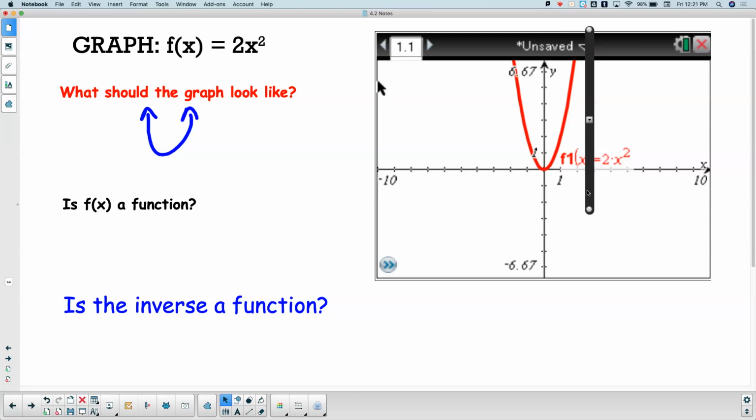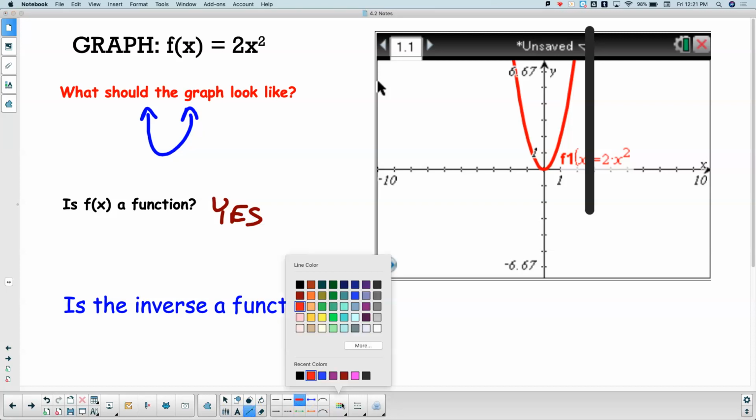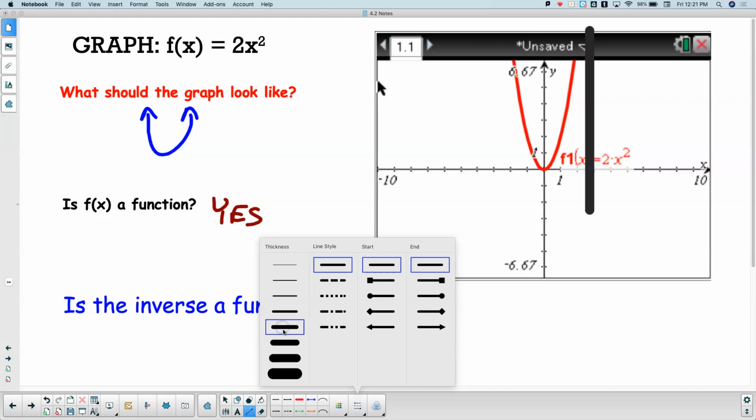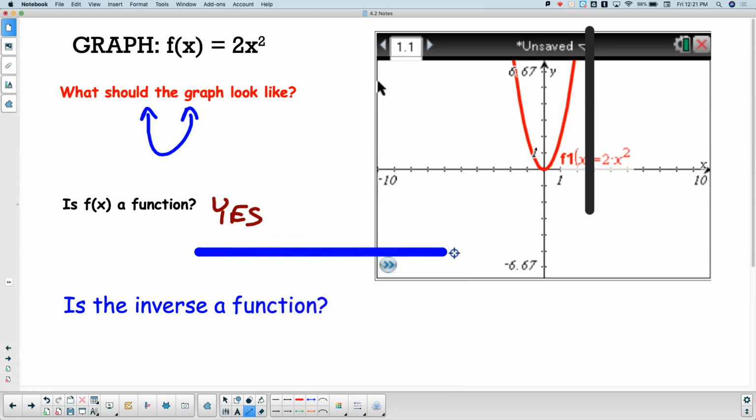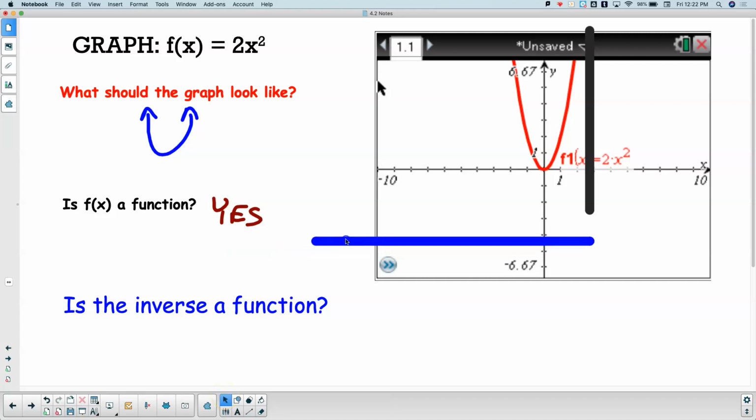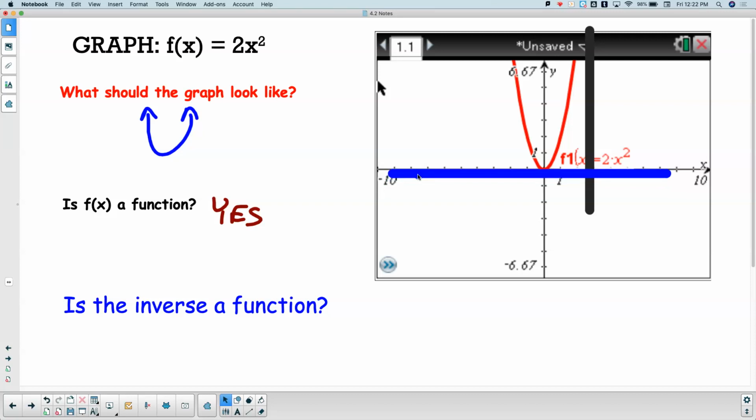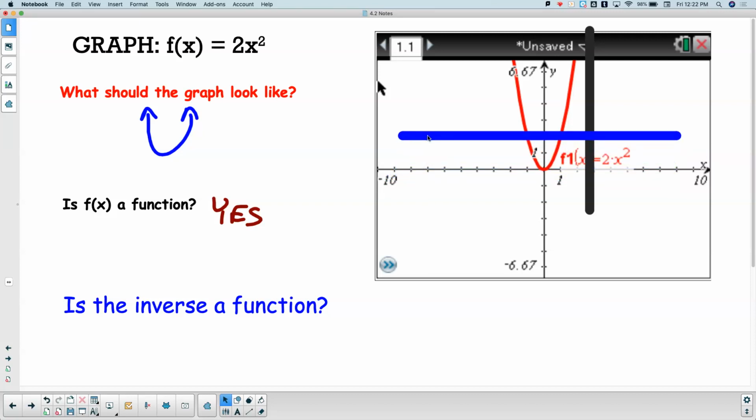Yep. Is the inverse of this a function? No. Why not? Because it doesn't pass horizontal lines. Touches twice.